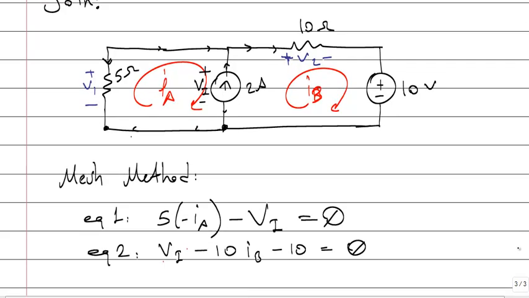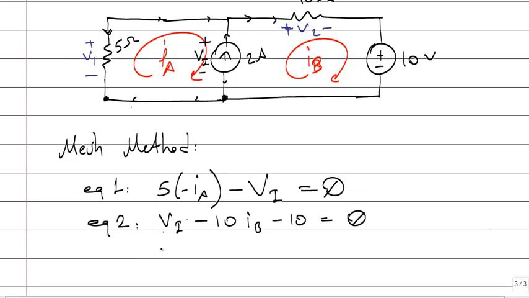Two mesh equations, but because there are three unknowns, IA, IB, and VI, I need one more equation. It comes from the current source. 2 amperes is equal to supporting current minus opposing current.